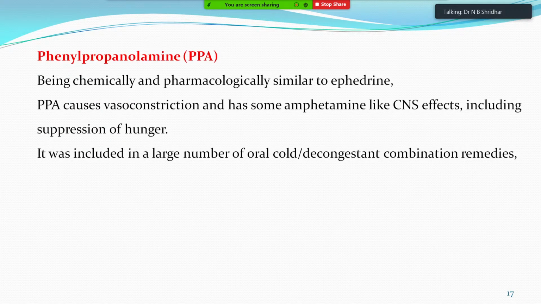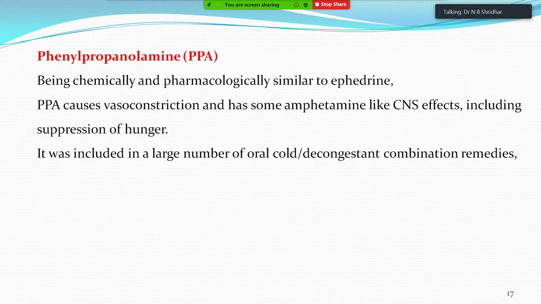And phenylpropanolamine, also abbreviated as PPA. This is chemically and pharmacologically similar to ephedrine, meaning all the actions of ephedrine, just like it is going to act on the beta 2 type of receptors in the trachea and relax and dilate the trachea, especially in the asthma situation.